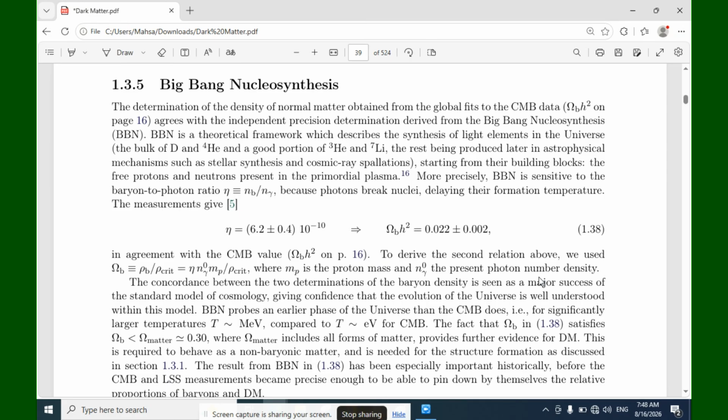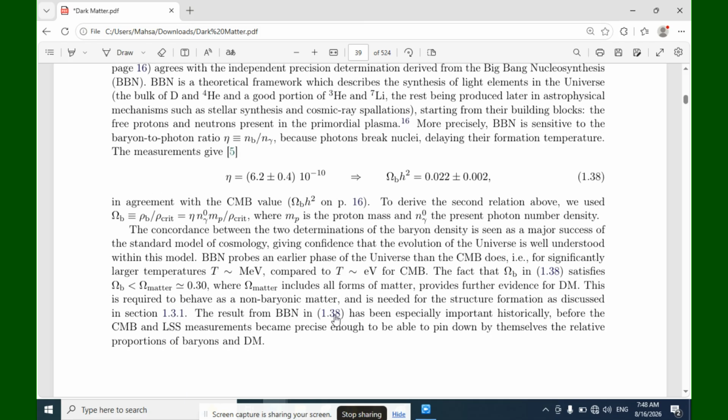Big Bang nucleosynthesis probes an earlier phase of the universe than the cosmic microwave background does, for example, for significantly larger temperature, T of the order of mega-electron volts compared to T of the order of electron volts for the cosmic microwave background. The fact that omega_b in 1.38 satisfies omega_b is less than omega_matter, equal to 0.3, where omega_matter includes all forms of matter, provides further evidence for dark matter.